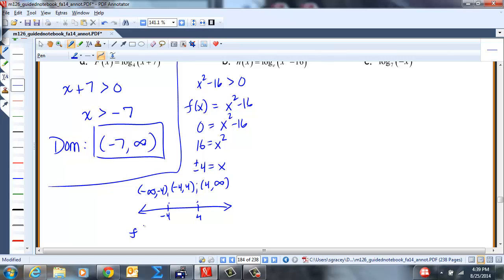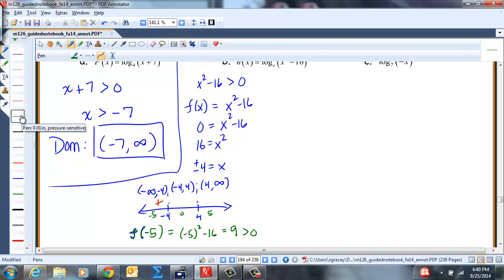Let's do maybe -5, 0, and +5. So f evaluated at -5 for our test value is -5 quantity squared minus 16, which is 25 minus 16, which is 9, which is greater than 0.